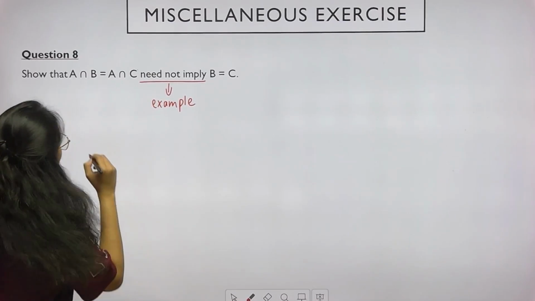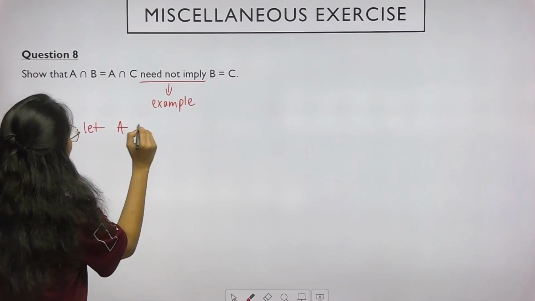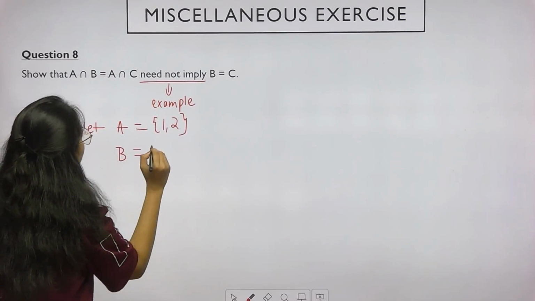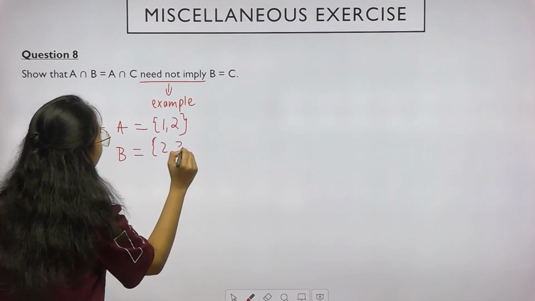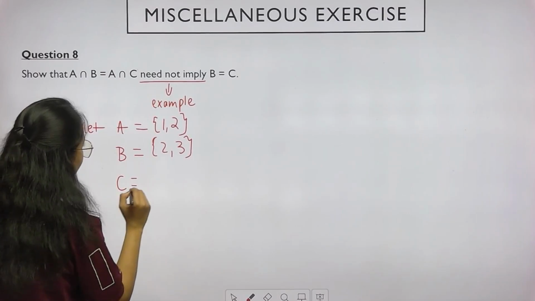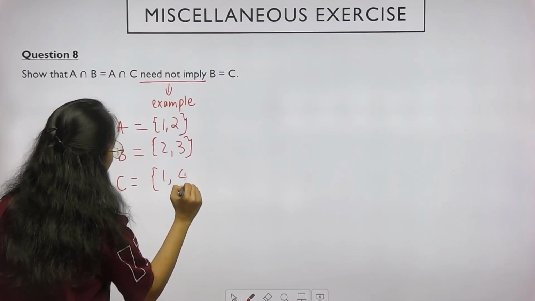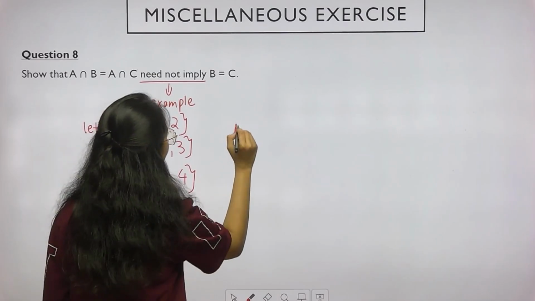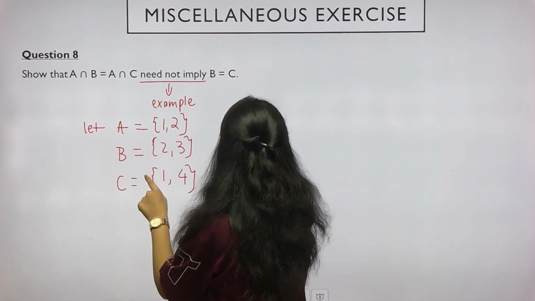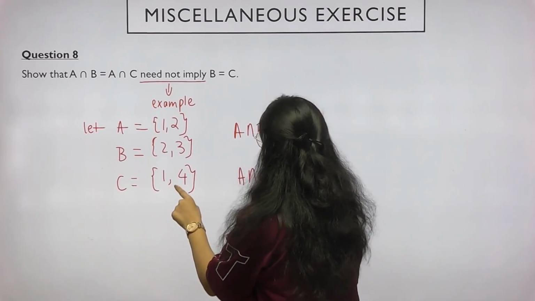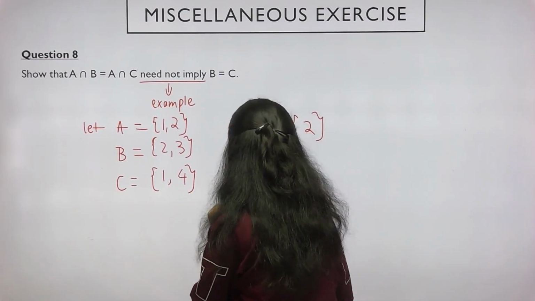Let's take set A as 1, 2, set B as 2, 3, and set C as 1, 4. Now let's check what is A intersection B. A intersection B is 2.